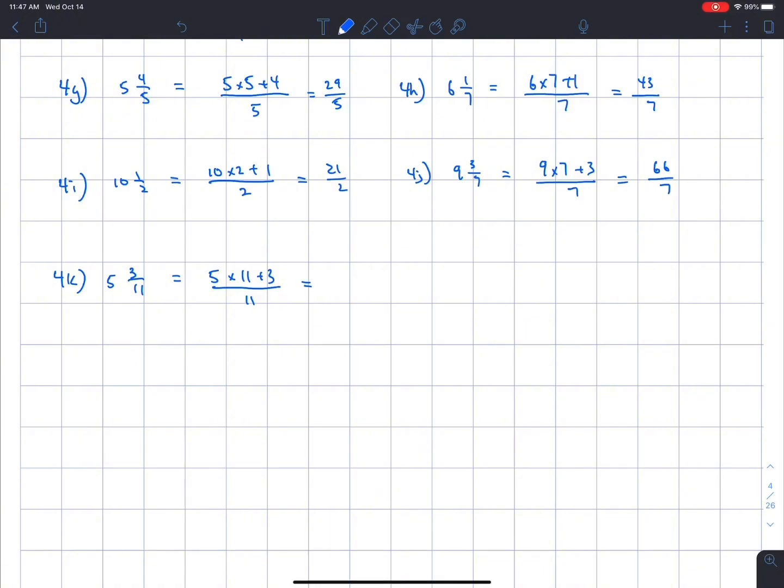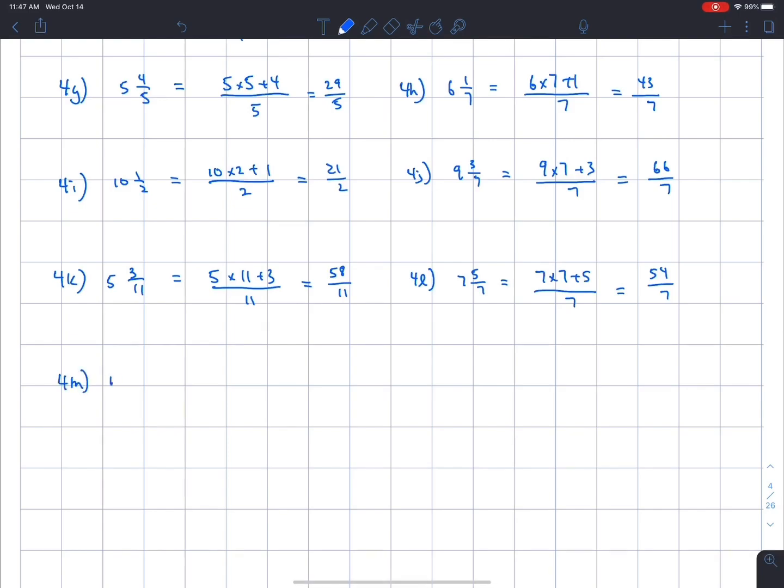So we get 55 plus 3 is 58. 58 over 11 is the answer. For L, 7 and 5 over 7. So we have 7 whole, each whole has 7 little pieces, and then adding the numerator 5 over the same denominator. 7 times 7 is 49. 49 plus 5 is 54. So 54 over 7 is the answer.